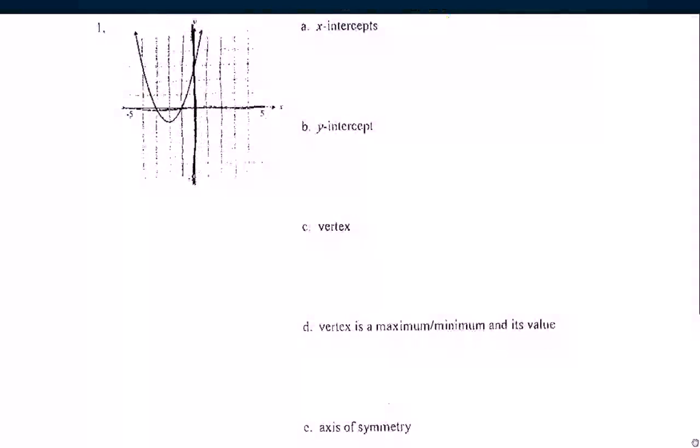So this is wanting me to find my x-intercepts first. I see one here and one there, approximately. That looks like -3 and -1 to me. So those would be my x-intercepts. Remember, I can call them zeros as well.